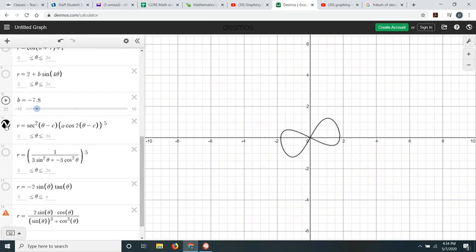Now this one, they used secant. There's other ways to get this, but this is called a lemniscate. It looks kind of like a sideways figure 8. And you don't have to use secant to get this.